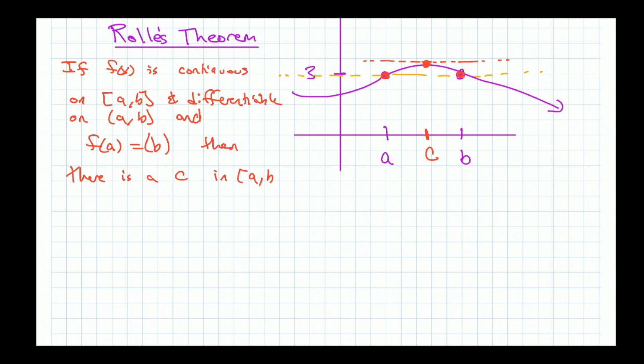I think it's open, but it doesn't matter. There's a C in AB with f prime of C equals f of B minus f of A over B minus A. Let me just change this real quick. There you go. All right, so that's the theorem.